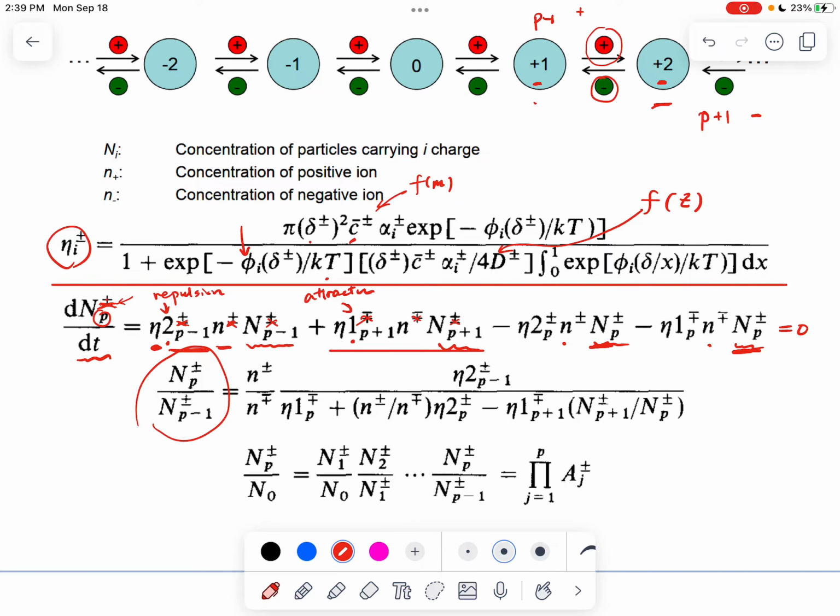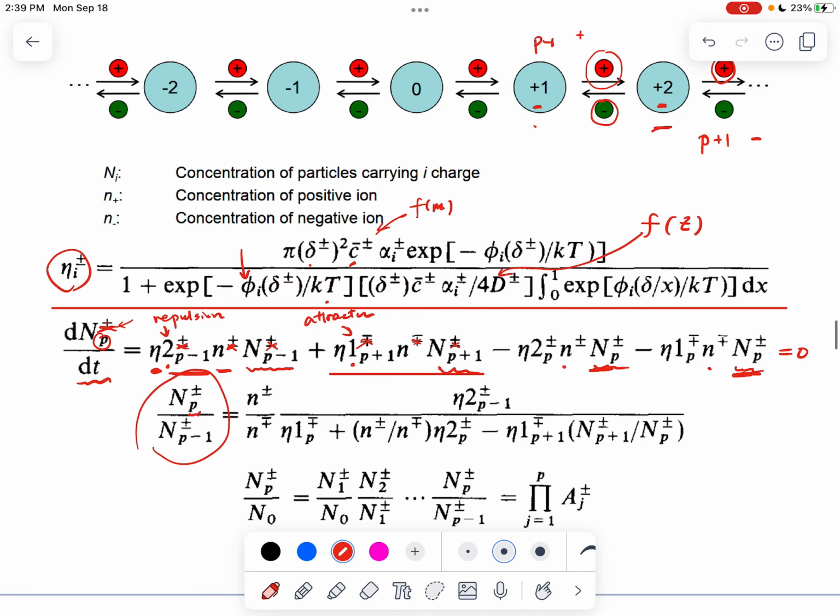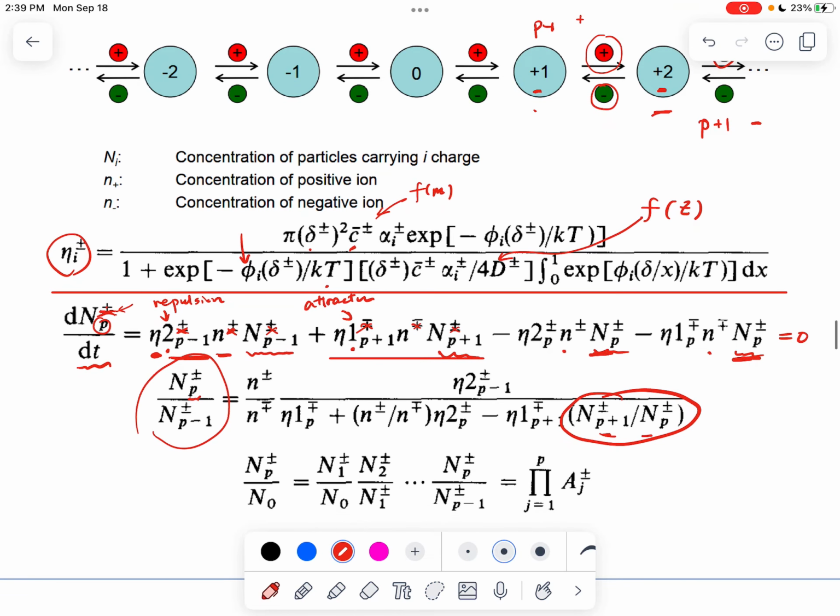So you can rearrange it to be the concentration of particles carrying p charges over the concentration of particles carrying p minus 1 charges. And you can see that this one is directly related to this function here, the concentration of particles carrying p plus 1 charges over the concentration of particles carrying p charges.